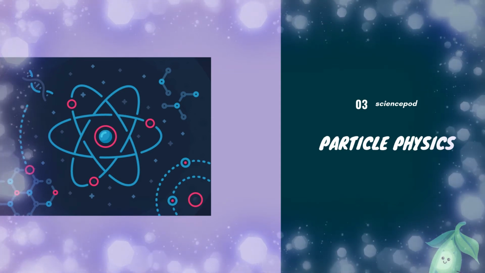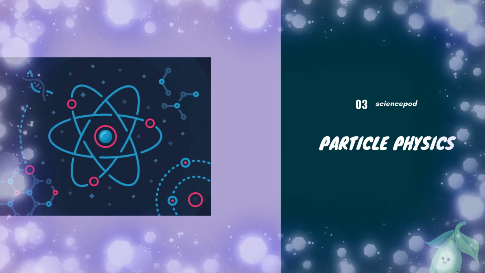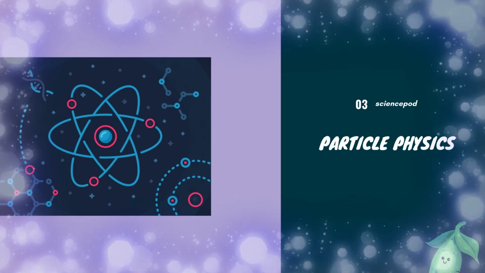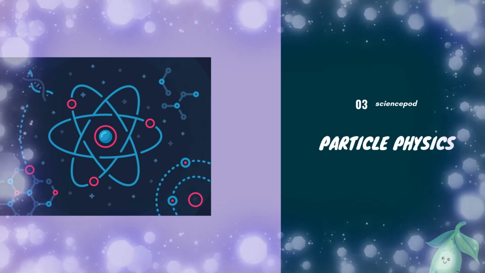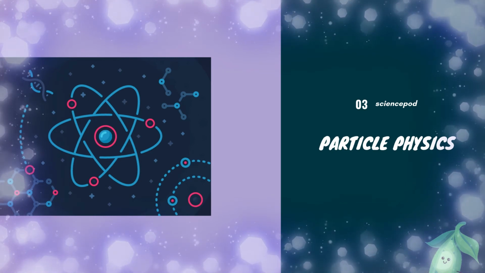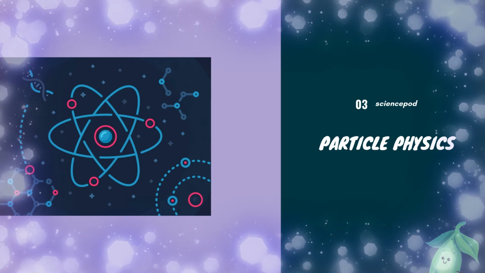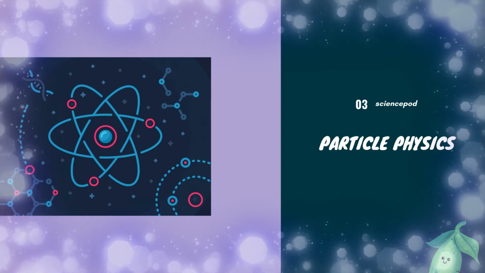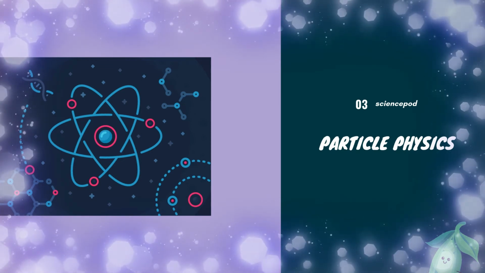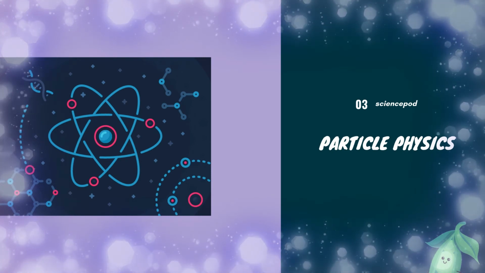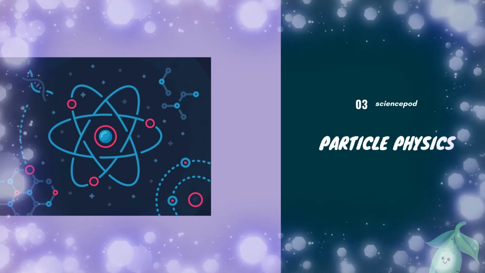But yeah, you get a new element with alpha decay. In beta decay, instead of losing a helium nucleus, this time you lose an electron. And again, you get a new element, whereas in gamma decay, you don't really get a new element.